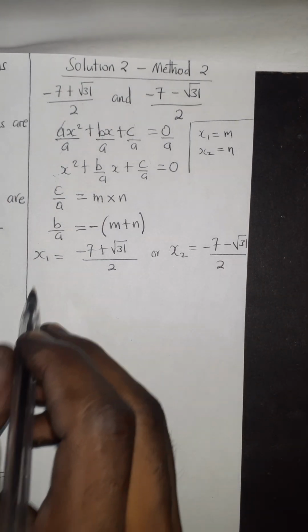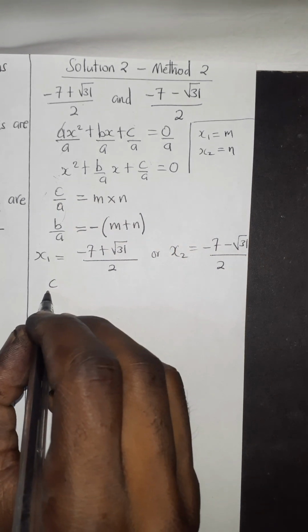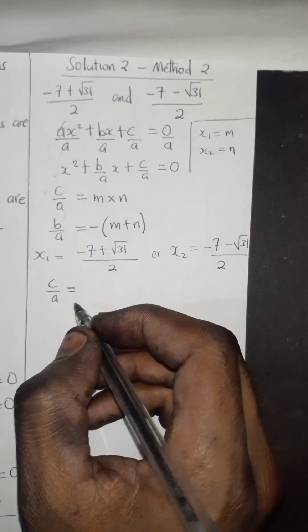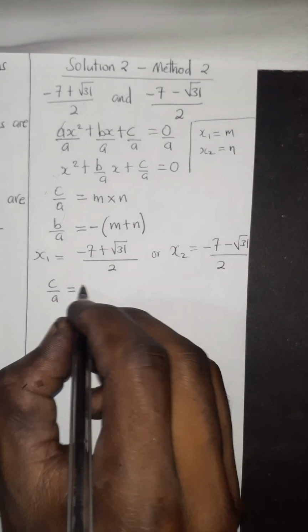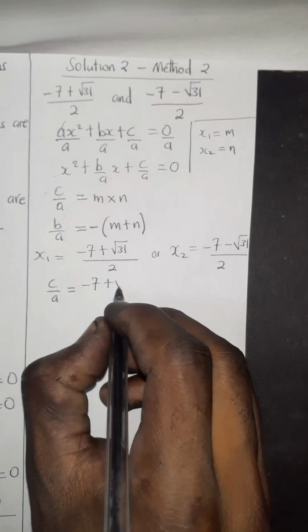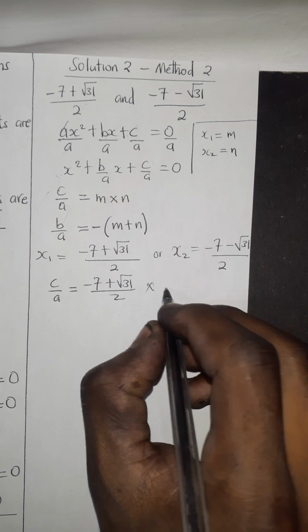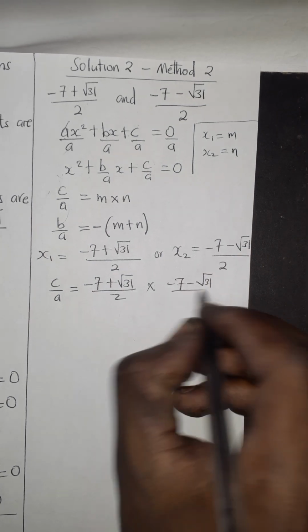Now we need to find the constant. To find the constant c over a, we have to multiply this times this. So it's negative 7 plus root 31 over 2 multiplied by negative 7 minus root 31 over 2.